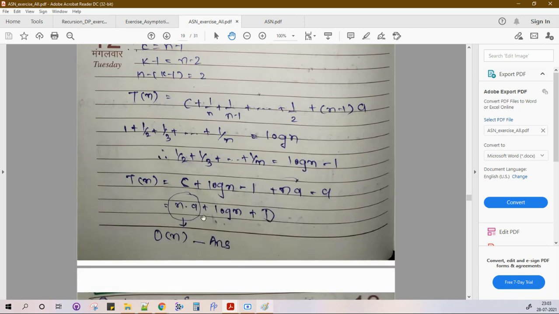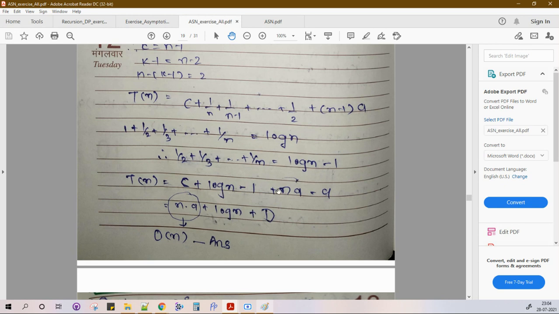Now I can remove all these constant terms c and a and put one more constant term. I have one term log n and another term n into a. So what is the order of this thing? It is order of n. Why?